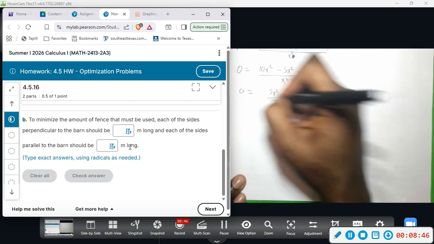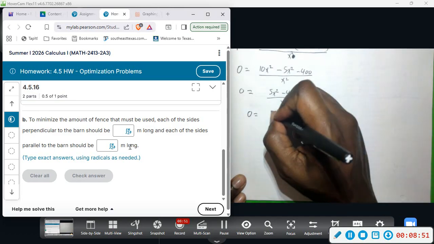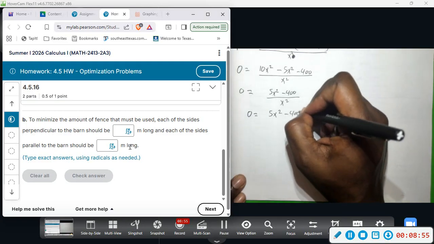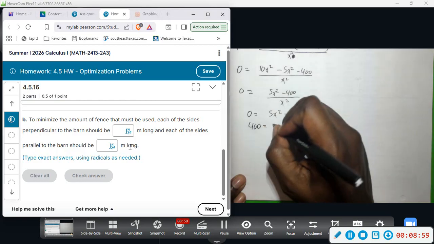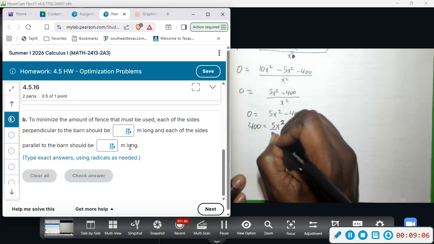So now we can multiply by the x squared, and that will give me 0 equals 5x squared minus 400. Add 400 to this side. 400 equals 5x squared.